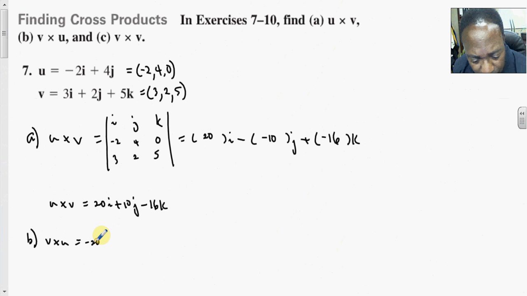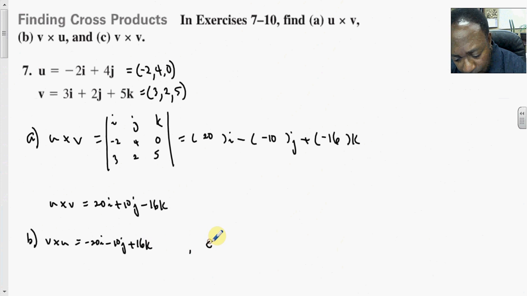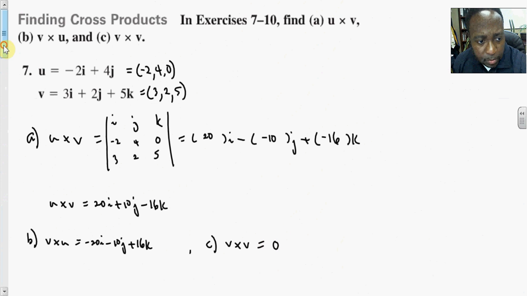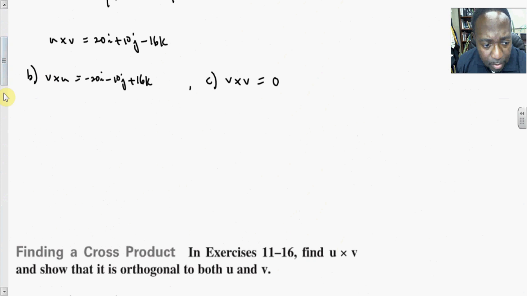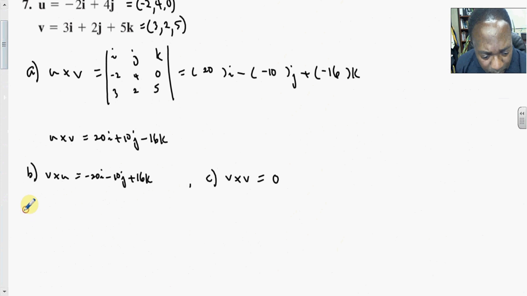So this is -20i minus 10j plus 16k. Part C, the cross product of a vector with itself is 0. Well, I'll show you. So part B, V cross U.